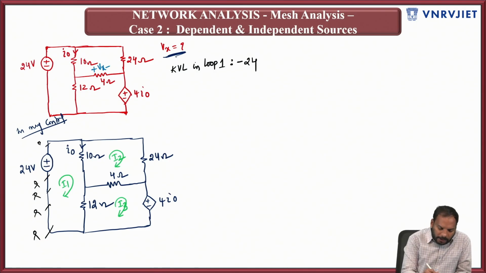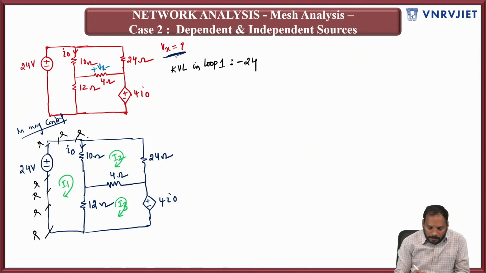Then you are here, then ahead of this 10 ohm resistor. Forget about this I naught now, because we need to represent the voltage drops in terms of loop currents.